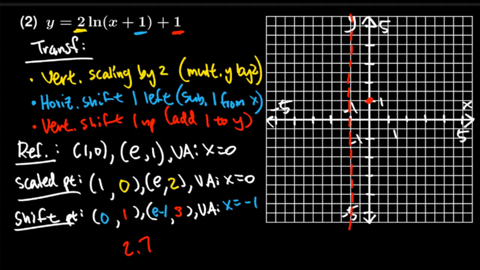So subtract 1, you get 1.7-ish. So 1.7-ish, 3. Like that, more or less. And then you can kind of figure out that it's going to look something like this.